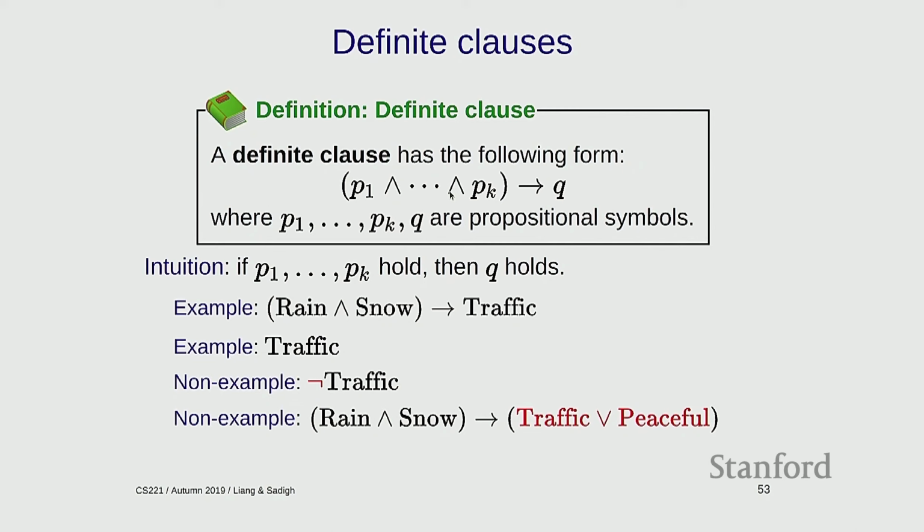I'm using this notation to exploit this corner case: if you have the and of 0 things, then that's just true. Or you could just say by definition, definite clauses contain propositional symbols. That will do too.